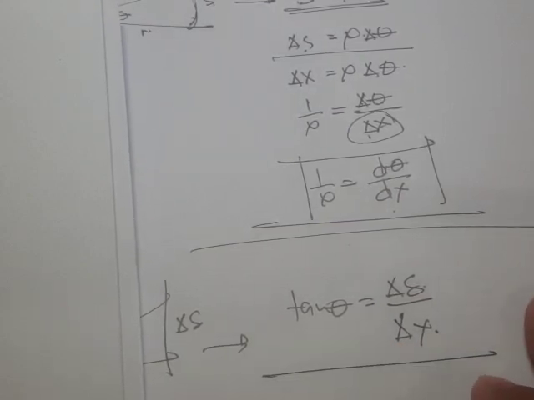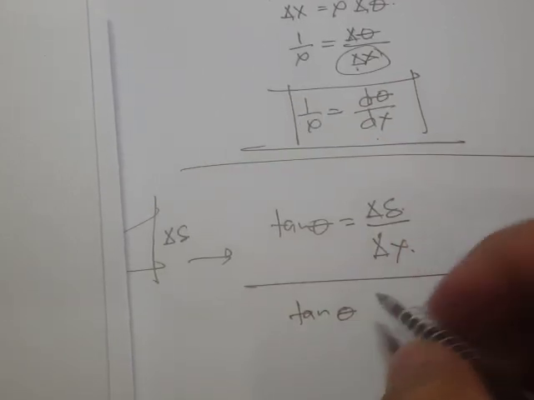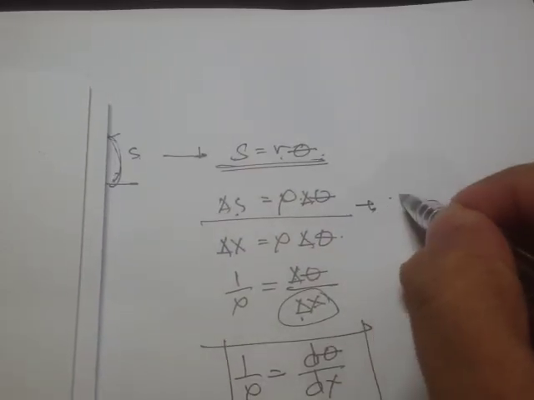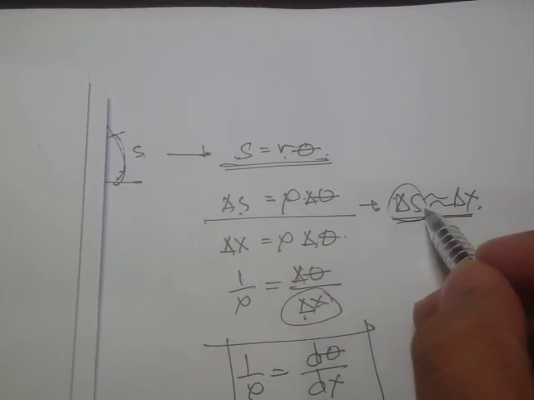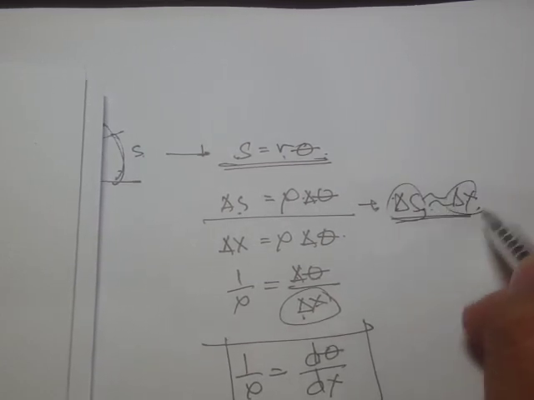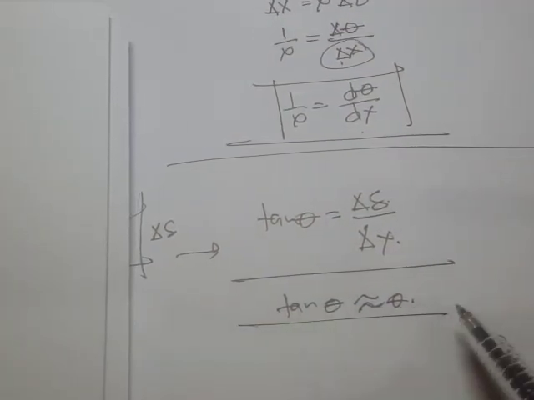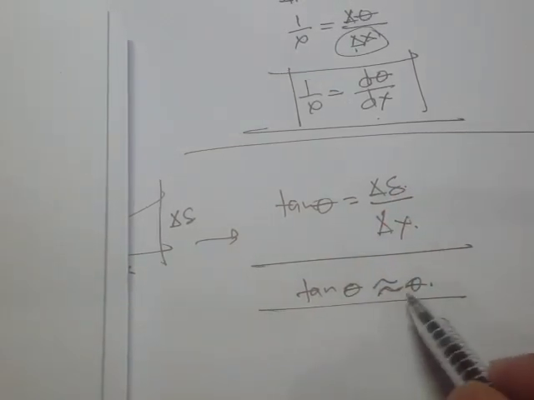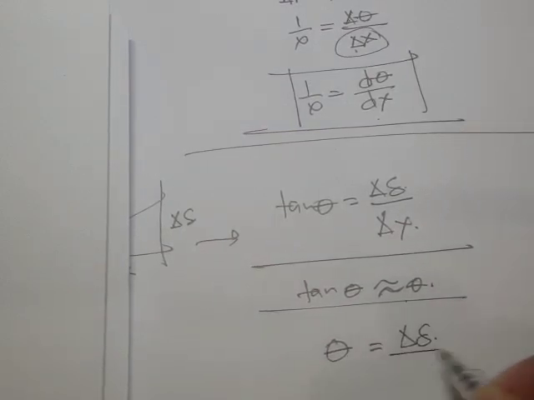But again, since we are talking about very small lines, or very small angles, the assumption is that tangent theta is approximately equal to theta. Right here, the delta s is approximately equal to the delta x. So the curve becomes almost the same as this straight line. It's because we are dealing with very small lines, very small angles. Okay, so therefore we can write that theta is equal to this one.